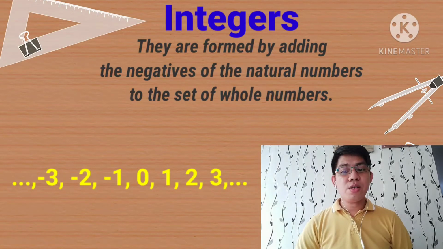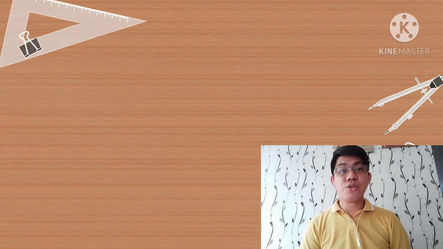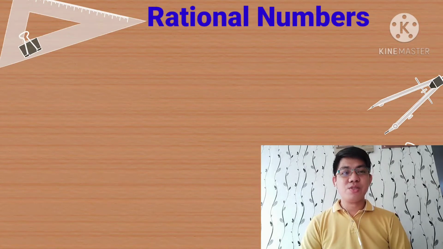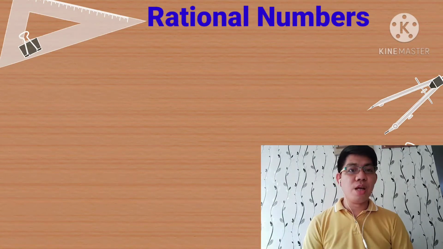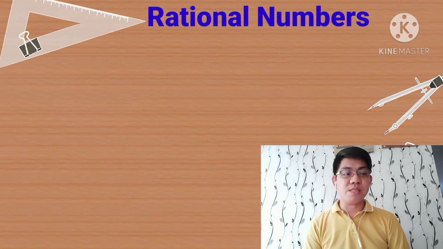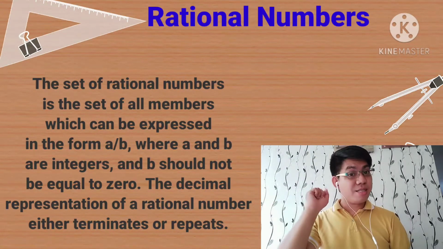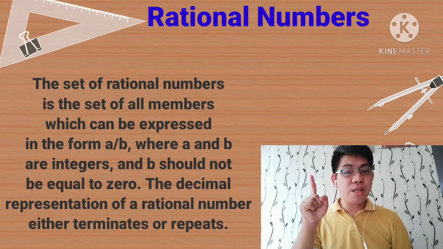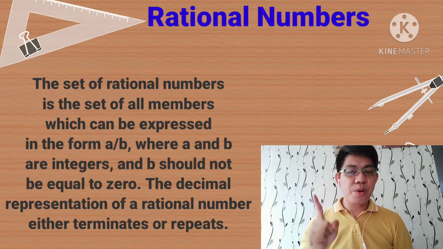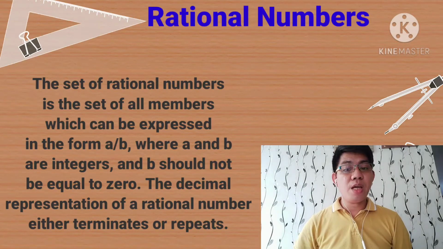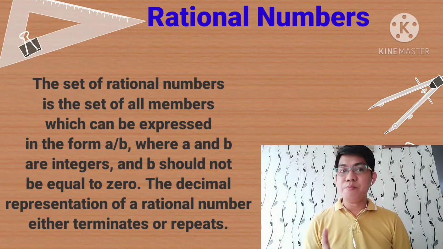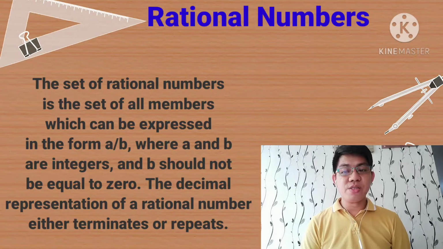Next one is what we call rational numbers. So what do rational numbers mean? Rational numbers are the set of all numbers which can be expressed in the form of A over B, where A and B are integers and B should not be equal to 0.